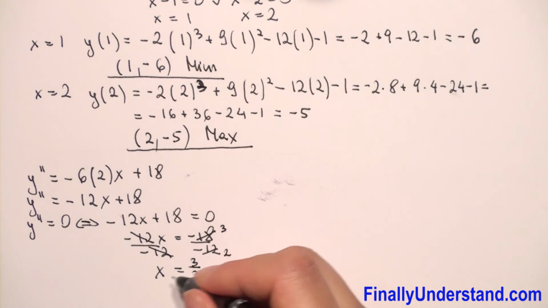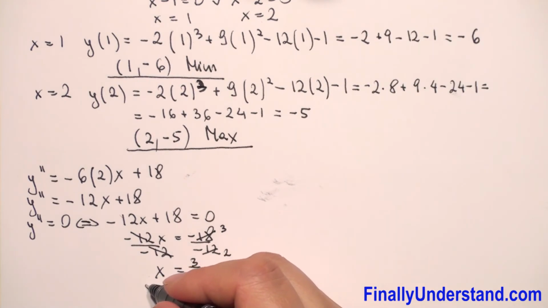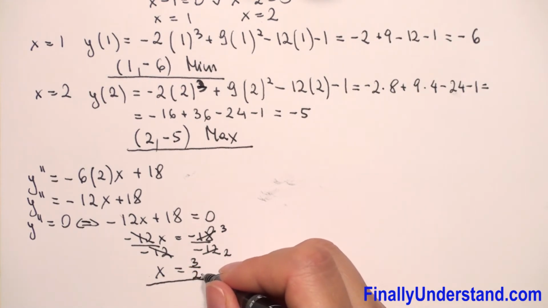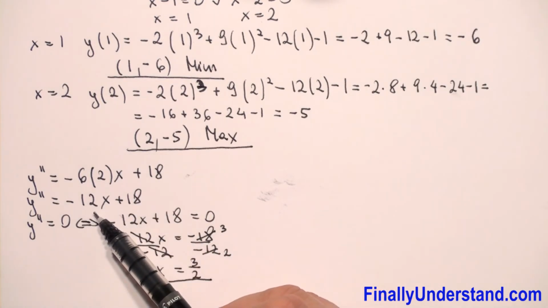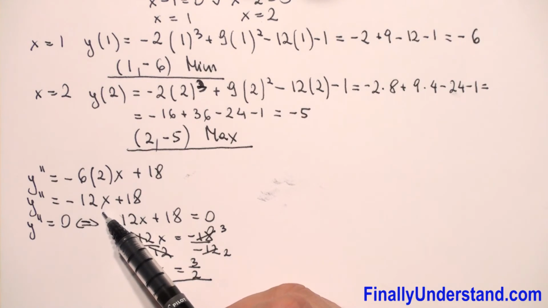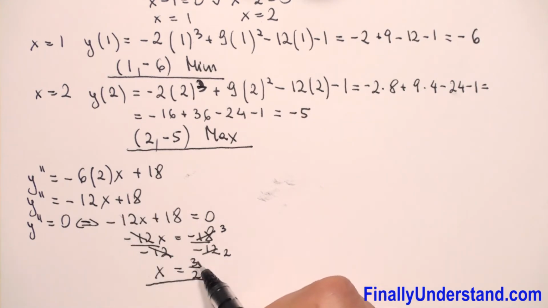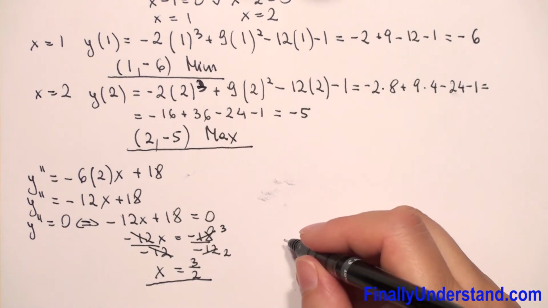Now we have to check if at this point our second derivative changes sign. If it changes sign at a small distance from 3/2, it means we will have an inflection point.